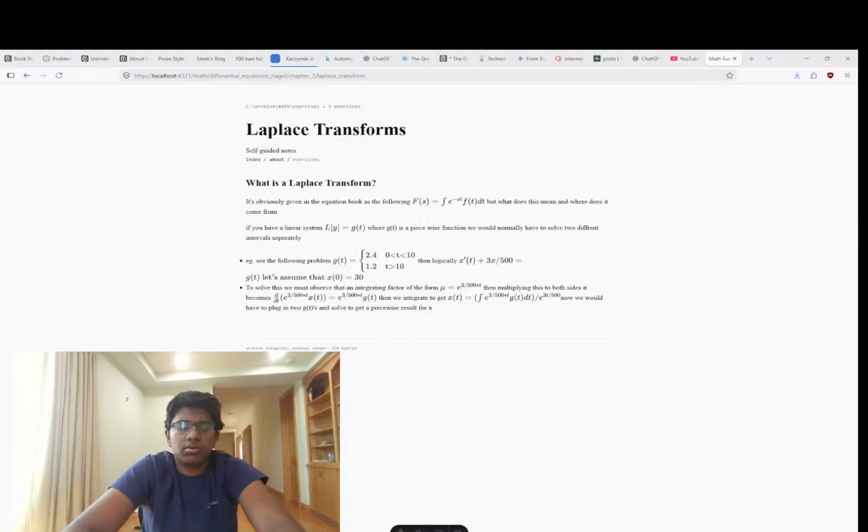So for what values of x is negative ln of x imaginary?